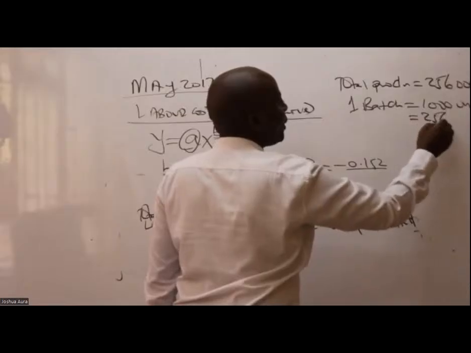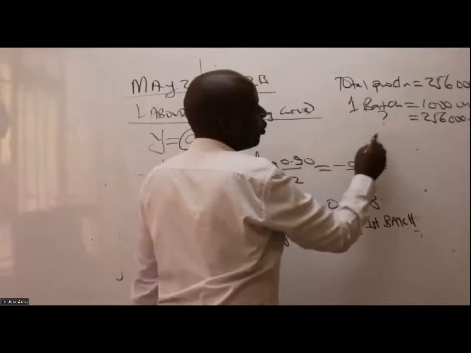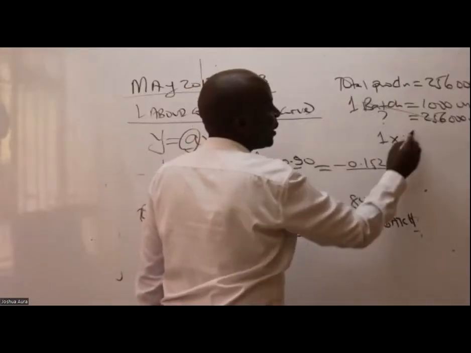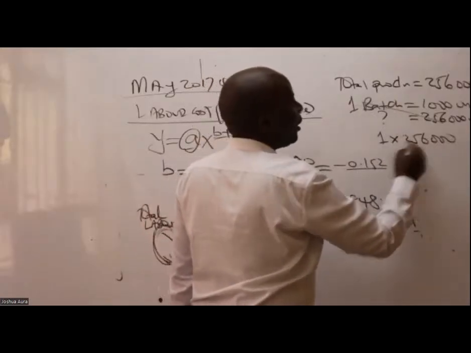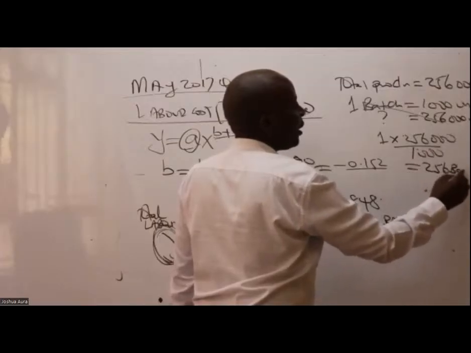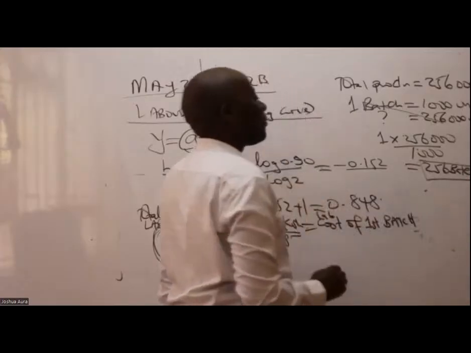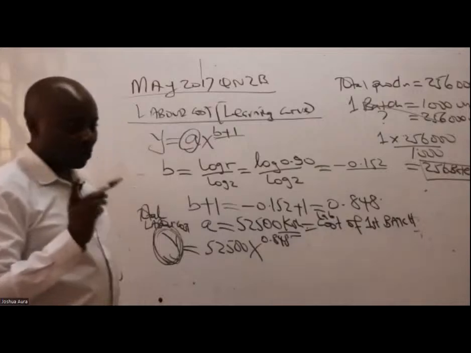So then 256,000 units will be equal to how many batches? If you cross multiply, it will be 256,000 divided by 1,000. So it will end up giving me 256 batches that were produced in the period.